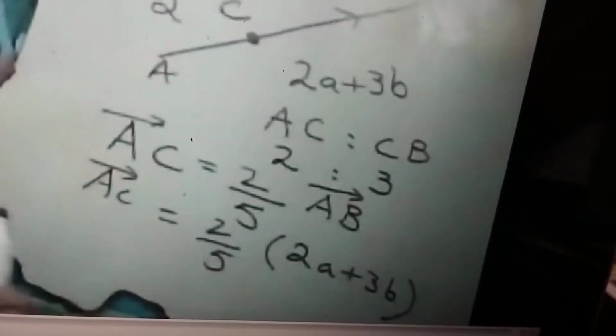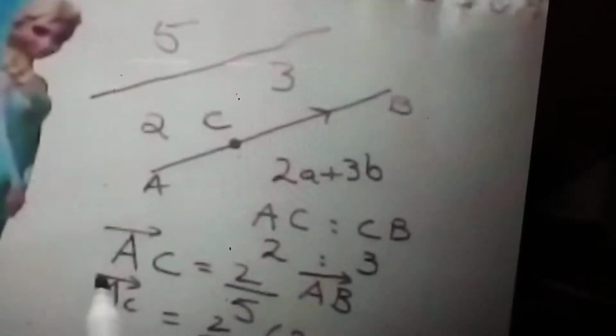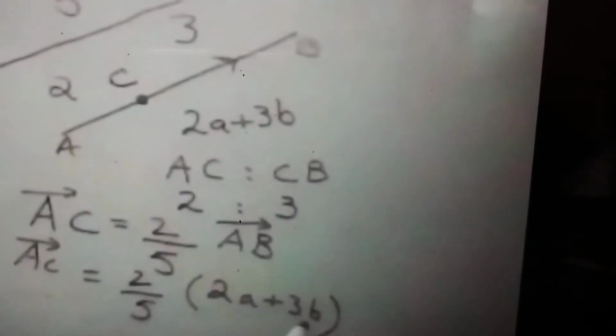Could you also do the 2 outside the bracket and then divide all of it by 5? Yes, you can simplify this also: 2 upon 5 multiplied by 2A and 2 upon 5 multiplied by 3B. But mainly, I just wanted to show you that sometimes ratios are given and you convert them into a complete vector form in terms of A and B, whatever the letters given over here. Okay?